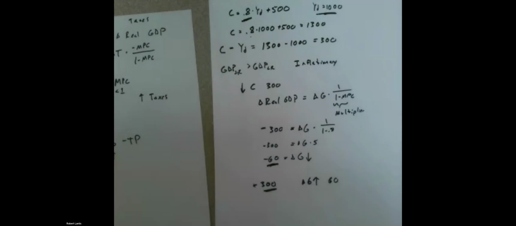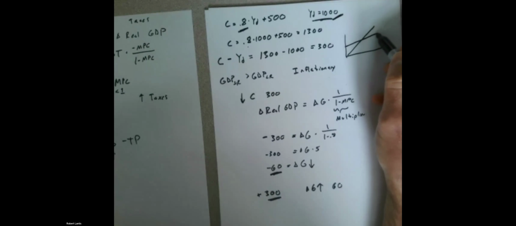So how do we know that that value is negative? Remember, we had that 45-degree line and actual consumption. We want those two to be equal to each other.